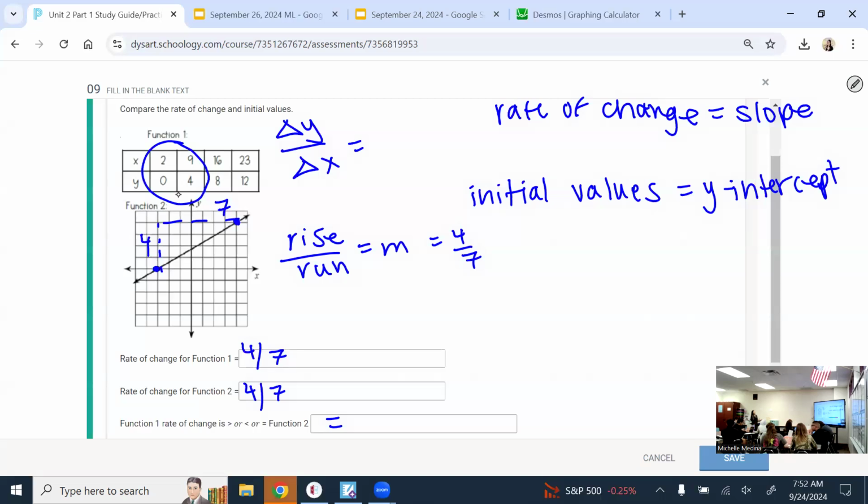What's my change in y going from 0 to 4? And what's my change in x going from 2 to 9? If it was going down, make sure you put negative. From a table, this formula is probably easier, but Desmos is more like what we saw in the unit.